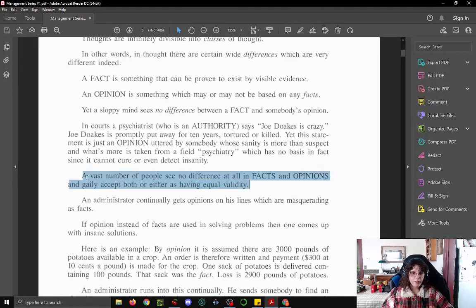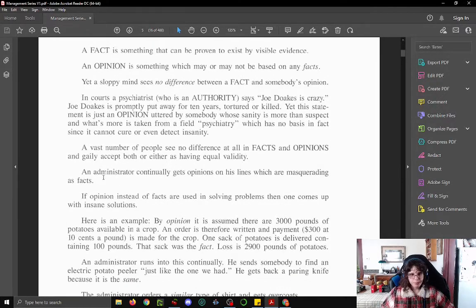I agree that there are some people who may not see the difference between facts and opinions. Some far right or far left political people may see certain opinions and automatically assume they're facts. Like, I think Hillary Clinton's a bad person, or I think Donald Trump is a bad person. Whoever. And they may automatically assume that's a fact, just because they think it.